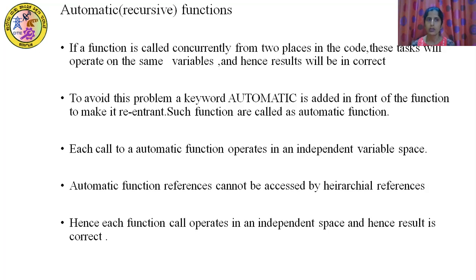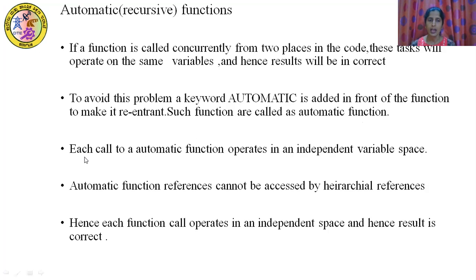If a function is called concurrently from two places in the code, then these will operate on the same variables and hence the results will be incorrect. To avoid this problem, the keyword automatic is added in front of the function to make it reentrant. Such a function is called an automatic function.